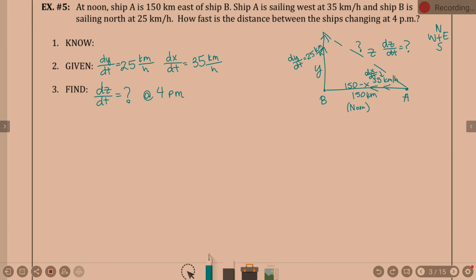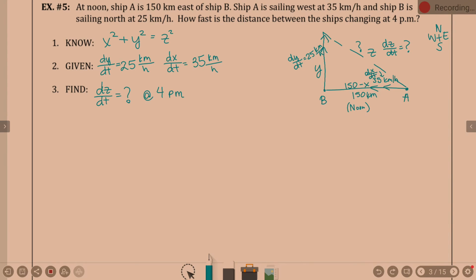What's our equation that ties this all together? Pythagorean theorem. So it is x squared plus y squared equals, this time I'm going to say z squared. But I can use 3 variables this time because I'm given 2 rates of change and asked for a 3rd rate of change. So that should make sense that we are using 3 variables.